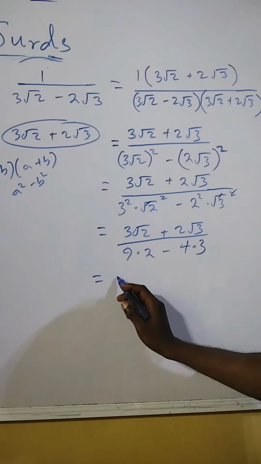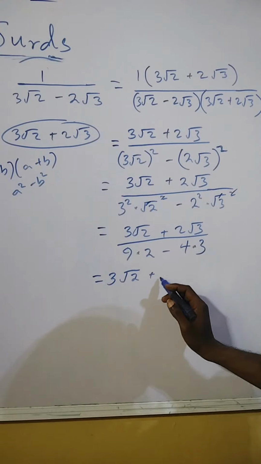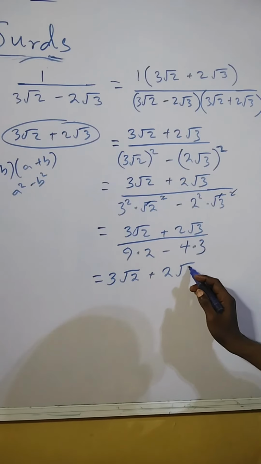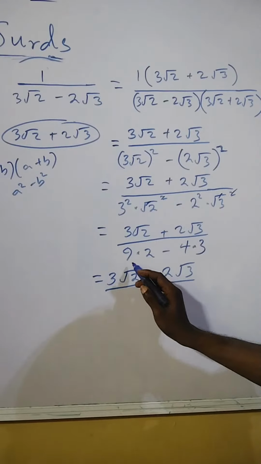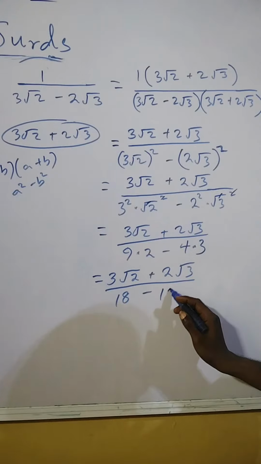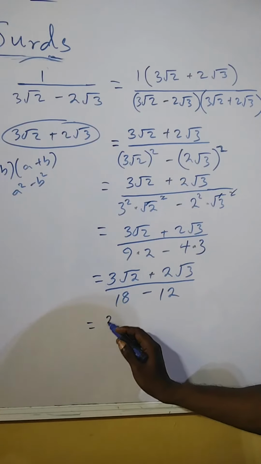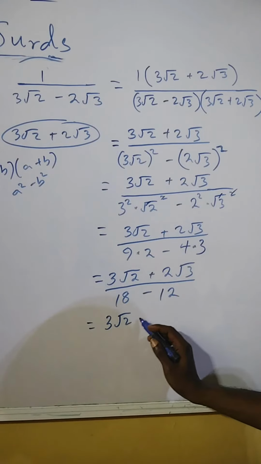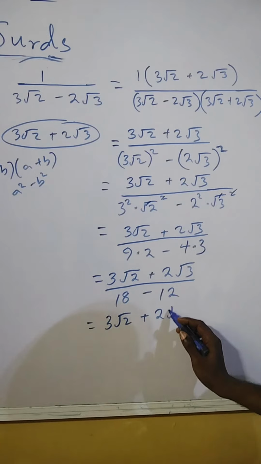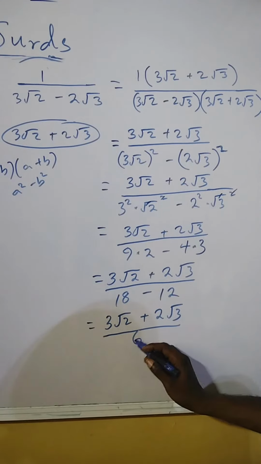And here this becomes 3 root 2 plus 2 root 3 divided by 9 times 2, that's 18, minus 4 times 2, that's 12. So now we have 3 root 2 plus 2 root 3, then divided by 18 minus 12, that's 6.